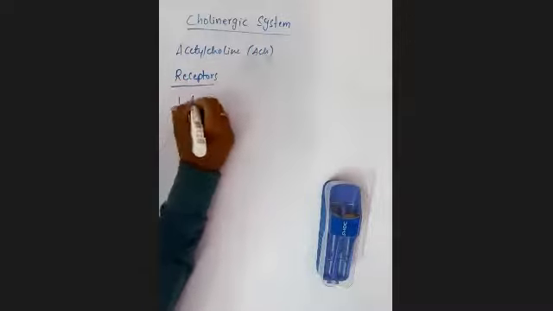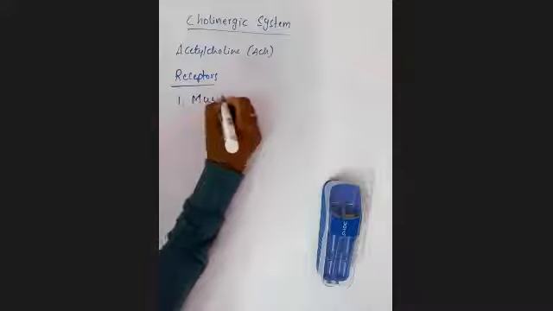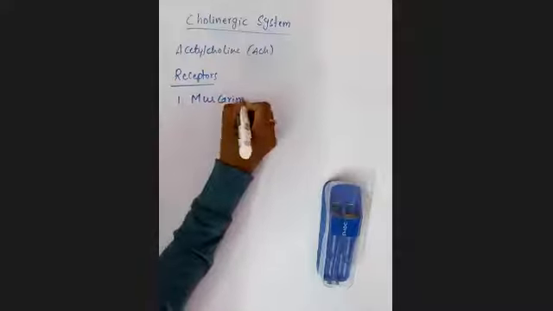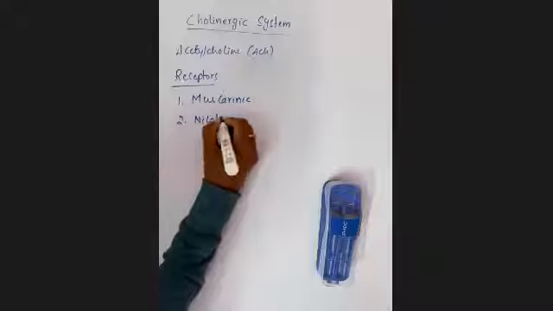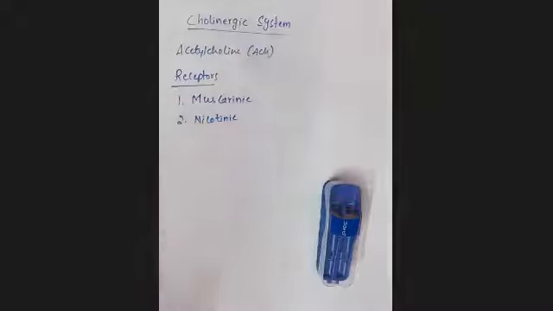The first one is muscarinic receptors. Next, we have nicotinic receptors. These muscarinic receptors are G protein coupled receptors, and these nicotinic receptors are ligand gated ion channels.